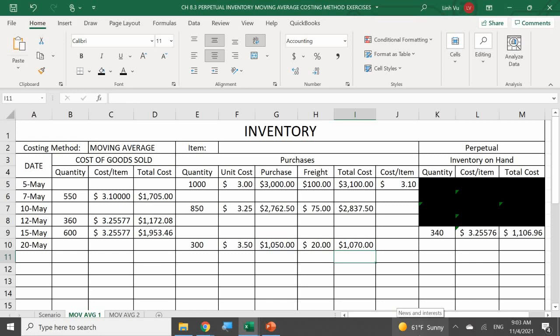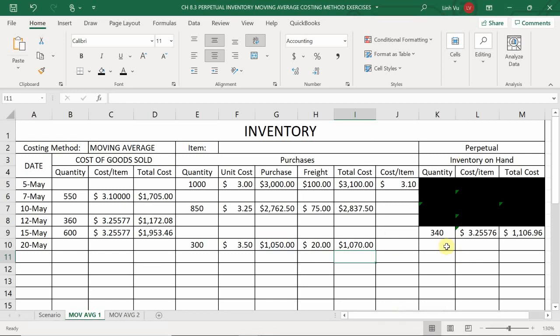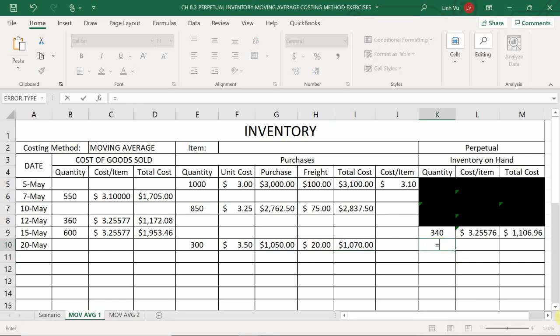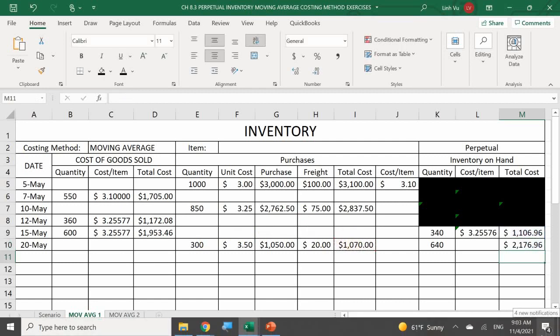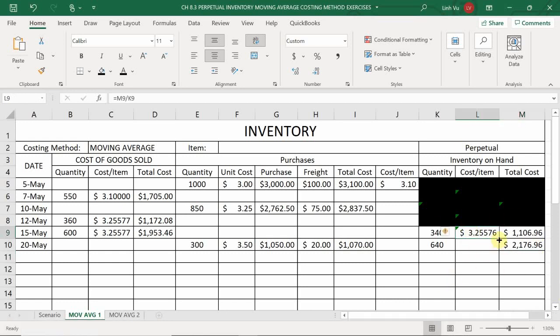So now we need to add it to our quantity and to our cost. So I have 340 plus an additional 300 gives me 640. I take my 1106.96 plus the 1070 I just purchased to give me a total of 2176.96.